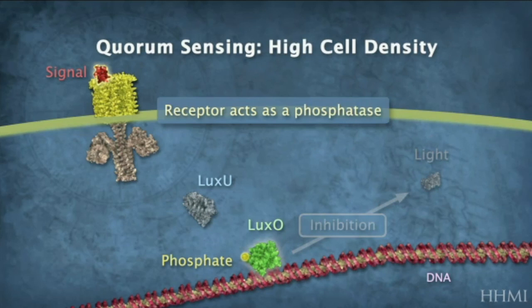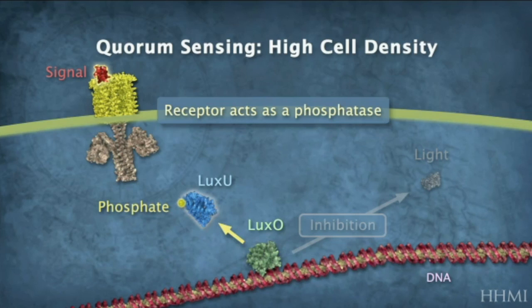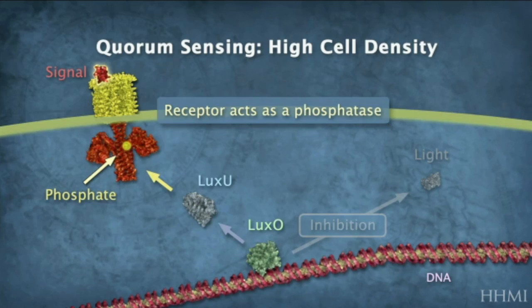At high cell density, so that's when these autoinducers accumulate. So remember, that's the red molecule. They bind to the receptor, and that flips a switch. It tells the receptor, stop being a kinase, be a phosphatase. And so now phosphate flow reverses. The phosphate goes from LuxO to that connector protein, LuxU, and then LuxU puts it back on the receptor.